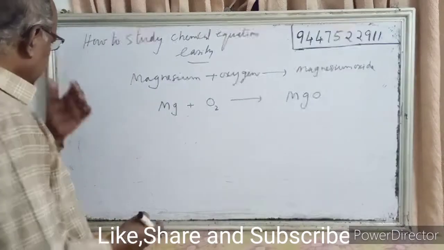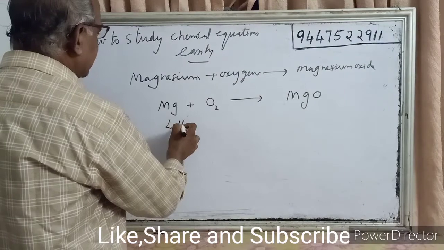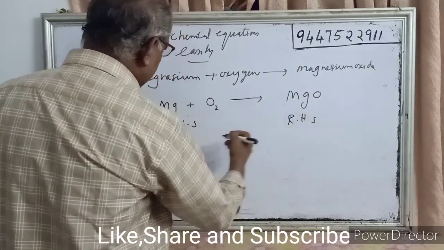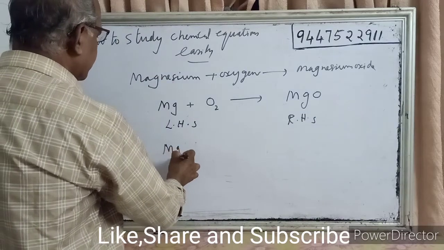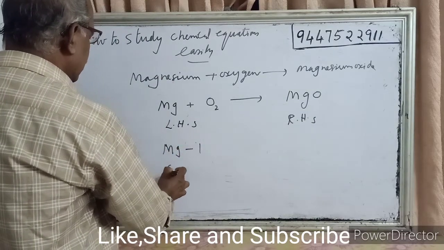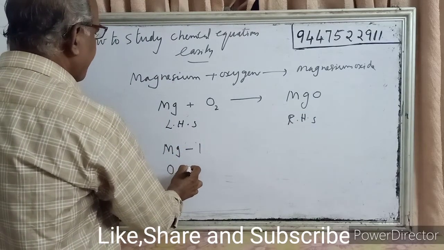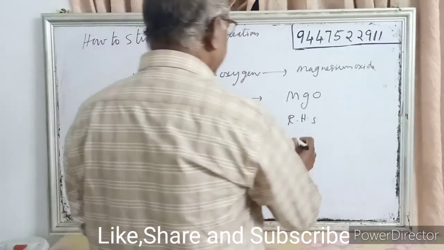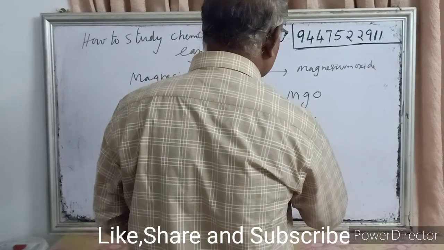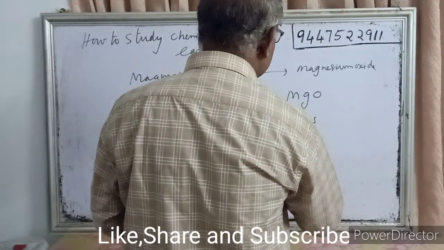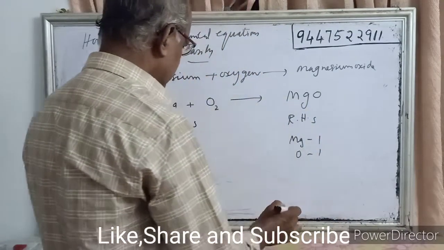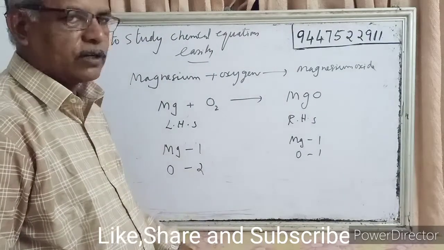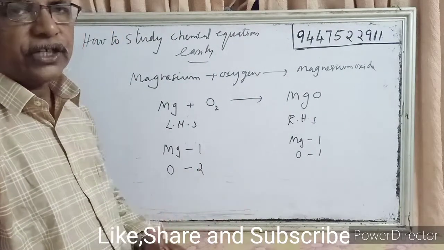So here, this is the left hand side and this is the right hand side. On the left hand side magnesium is only 1, and oxygen atoms are 2. But on the right hand side magnesium is only 1 and oxygen atom is only 1. So this contains 2 oxygen atoms, but this contains only 1 oxygen atom. So we have to make it equal.